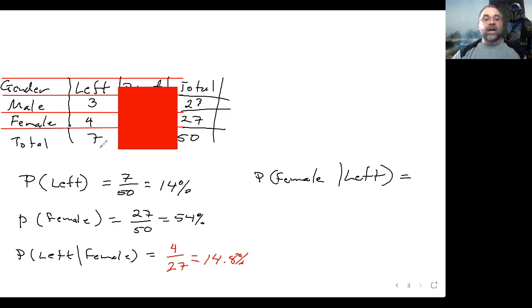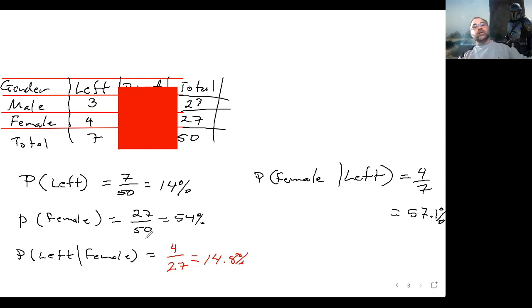Well, that would be 4 out of 7, because we're disregarding the possibility the person's even right-handed. 4 divided by 7 tells us 57.1%. So totally different probability when we're talking about the probability that our randomly selected subject is female, given that we know they're left-handed. So that's just a real quick example of some conditional probabilities.